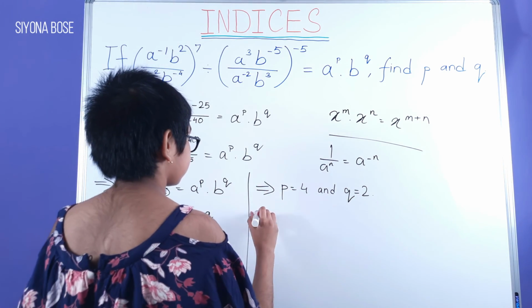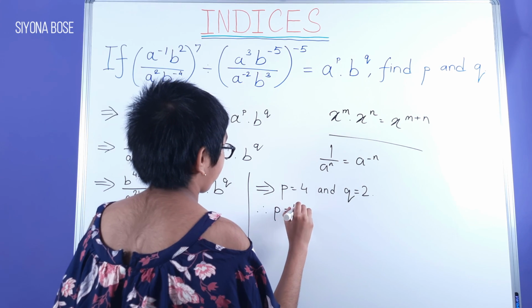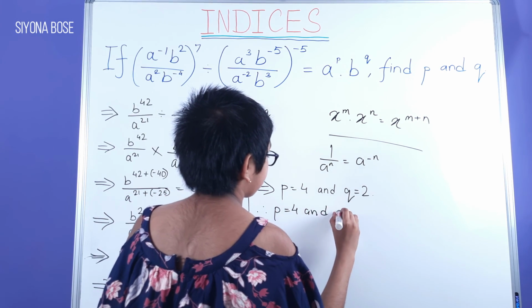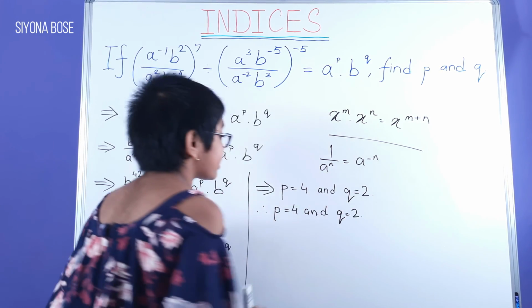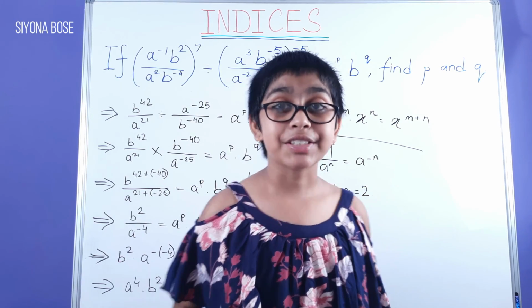Therefore, p equals 4 and q equal to 2. This is our final answer.